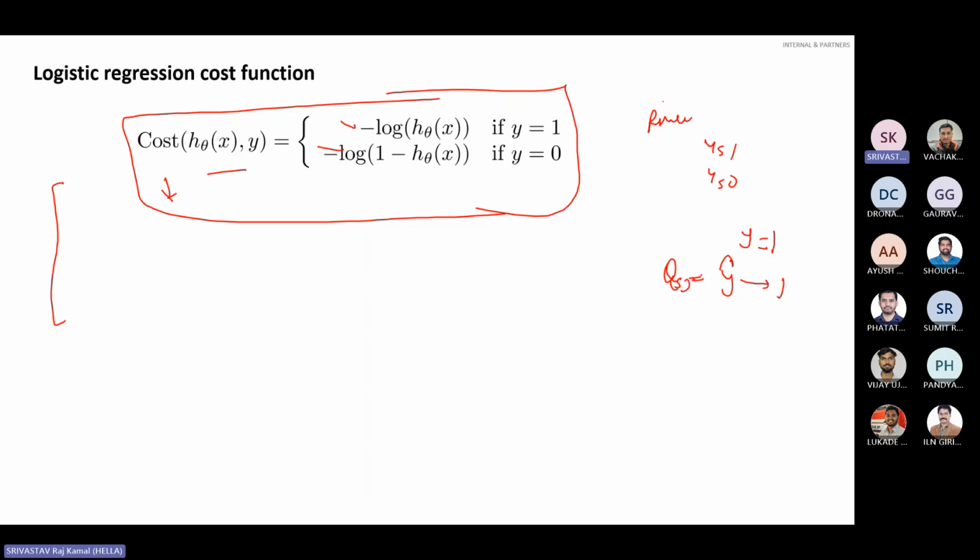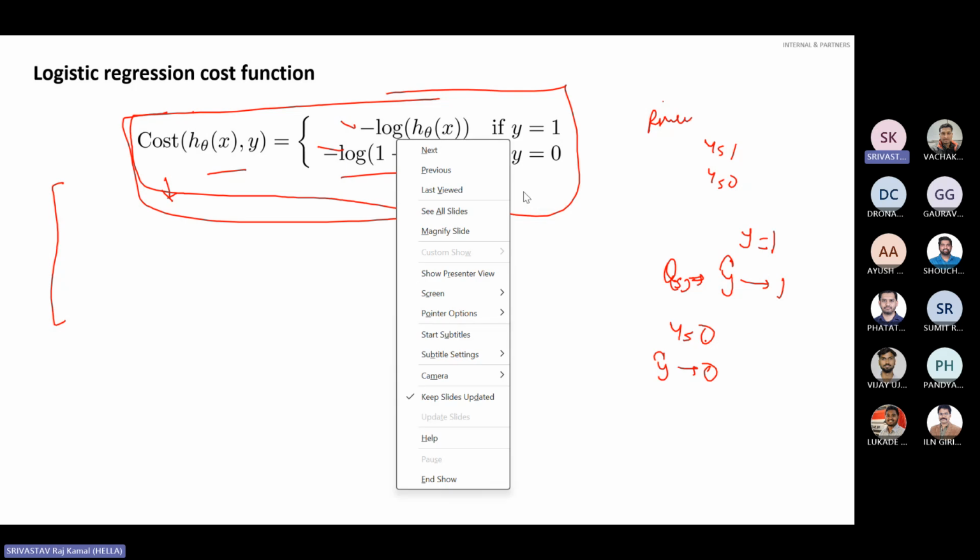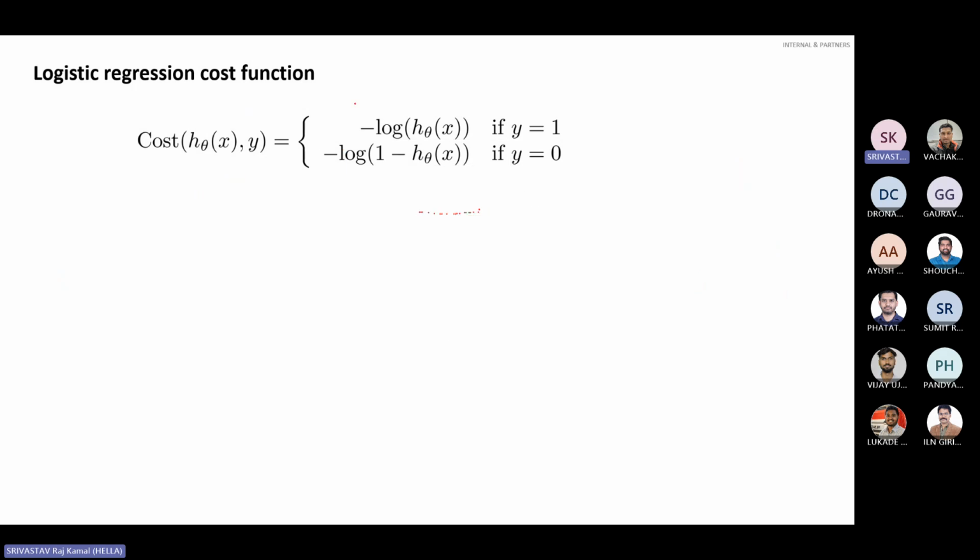And when y is 0, this term will modify the thetas in such a way that y hat tends to 0. If we are still not able to comprehend, this is what we need to know: finally our cost function boils down to these terms.